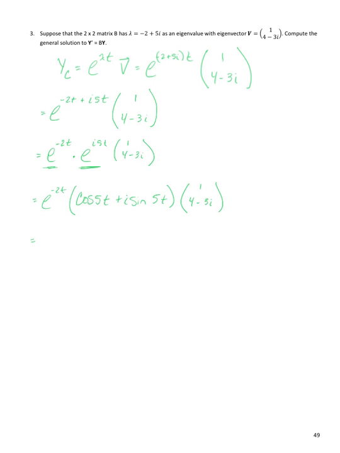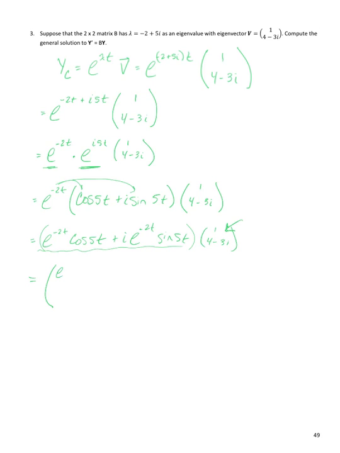Okay, I'm going to distribute this e to the negative 2t into here, and then I'm going to write this as one big vector. So I'm going to multiply both entries of this vector by this whole mess. The first entry I'm just multiplying by 1, so nothing fancy is going to happen.